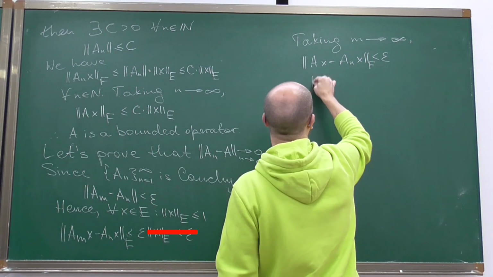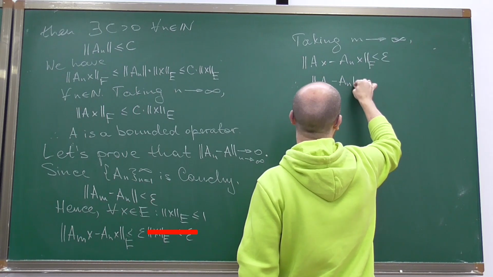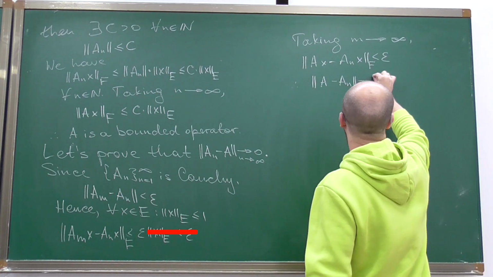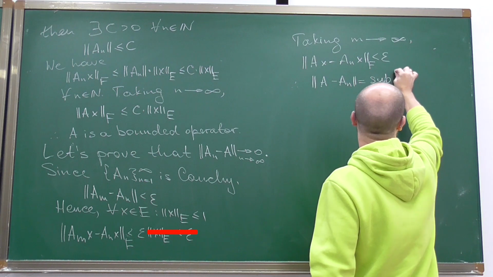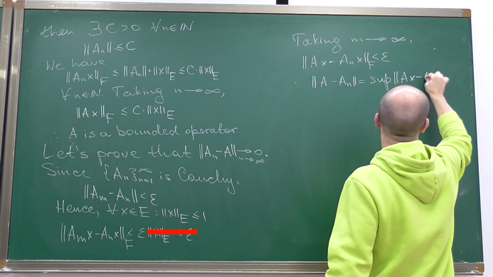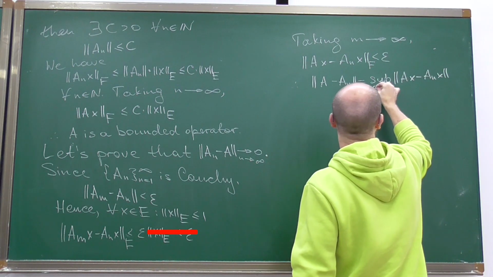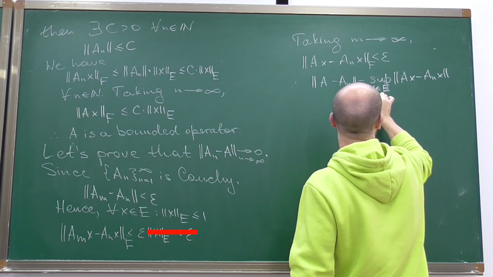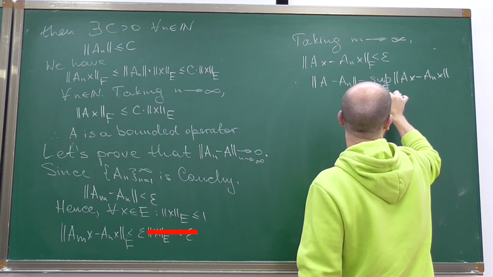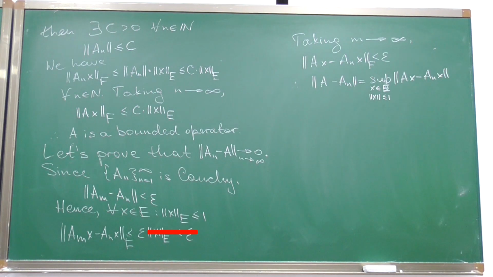Hence, the norm of A minus An equals the supremum of the norm of Ax minus Anx for every x in E such that the norm of x is less than or equal to 1, by the alternative definition of the norm.